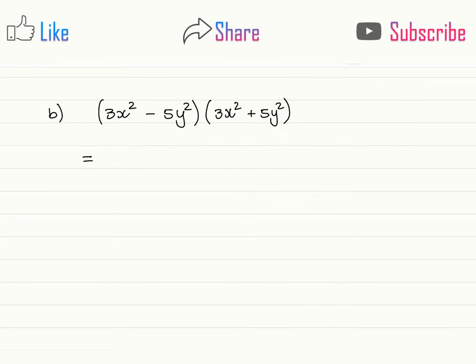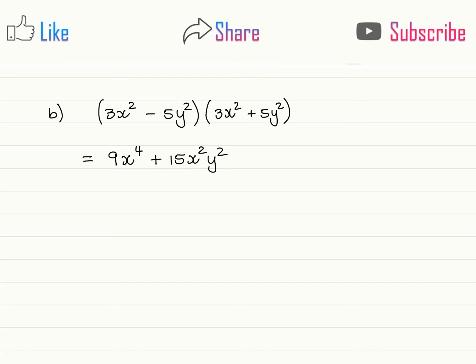In our second example, we have 3x squared minus 5y squared multiplied with 3x squared plus 5y squared. And again, we will expand 3x squared times 3x squared, which will become 9x to the power of 4, and then 3x squared times positive 5y squared, which will be 3 times 5, which is 15, x squared y squared.